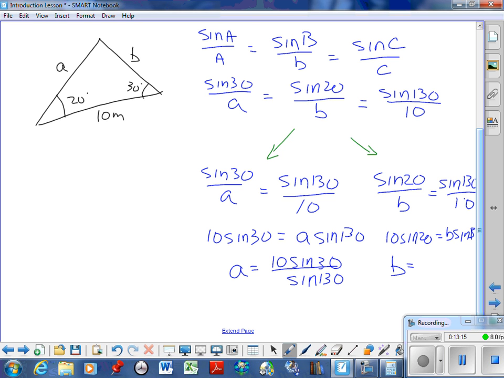So B equals 10 sine 20 over sine 130. That's the hard part. I'll let you do the calculator work there. So we use the sine law, so we break it into our two equations. All right. So that takes us up to the end of the second segment here.